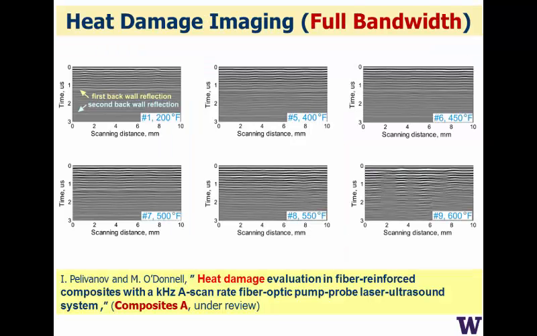So again, we make images of these samples. Here are the high-frequency representations. When you're up at these high temperatures, we can see this disruption. If we filtered, we would see delaminations and others that are there. However, at these lower temperatures, we really don't see anything different. But do we?